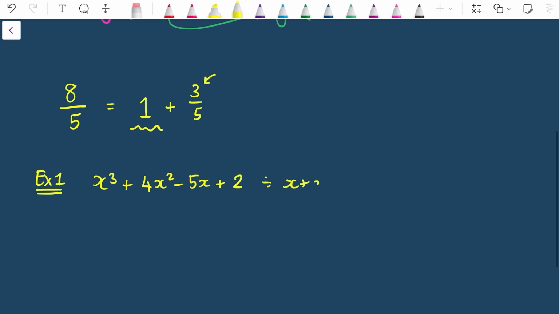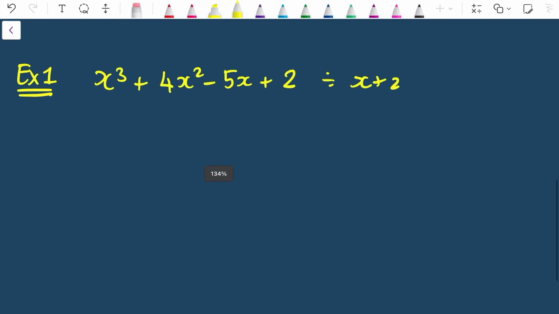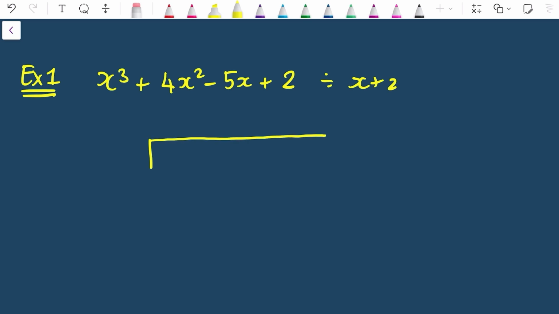So I want to divide x cubed plus 4x squared minus 5x plus 2 by the linear factor x plus 2. Okay, and I'm going to use something which you will have seen perhaps a long time ago, the bus stop method, as it was called when I was little.